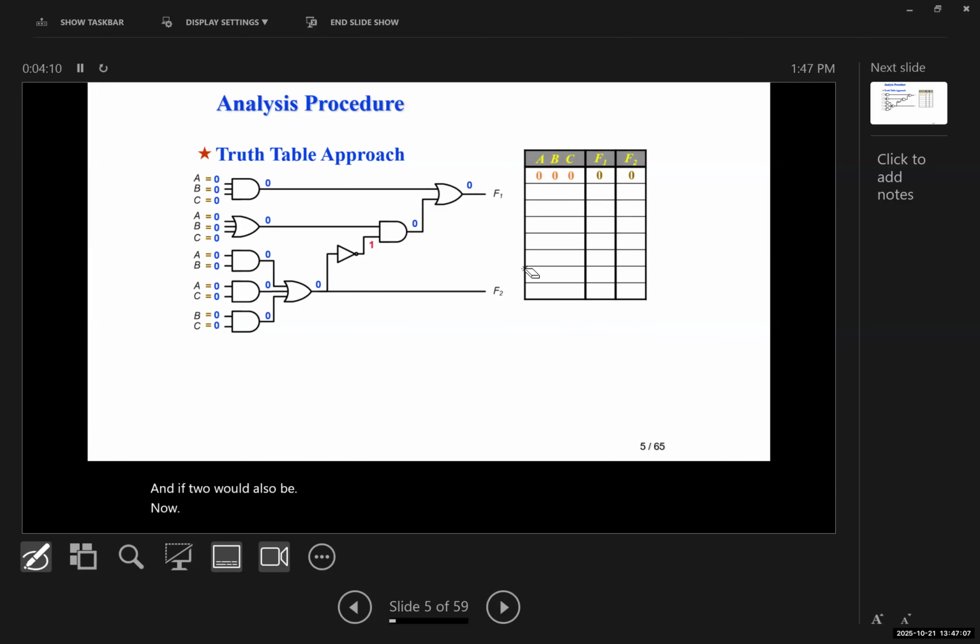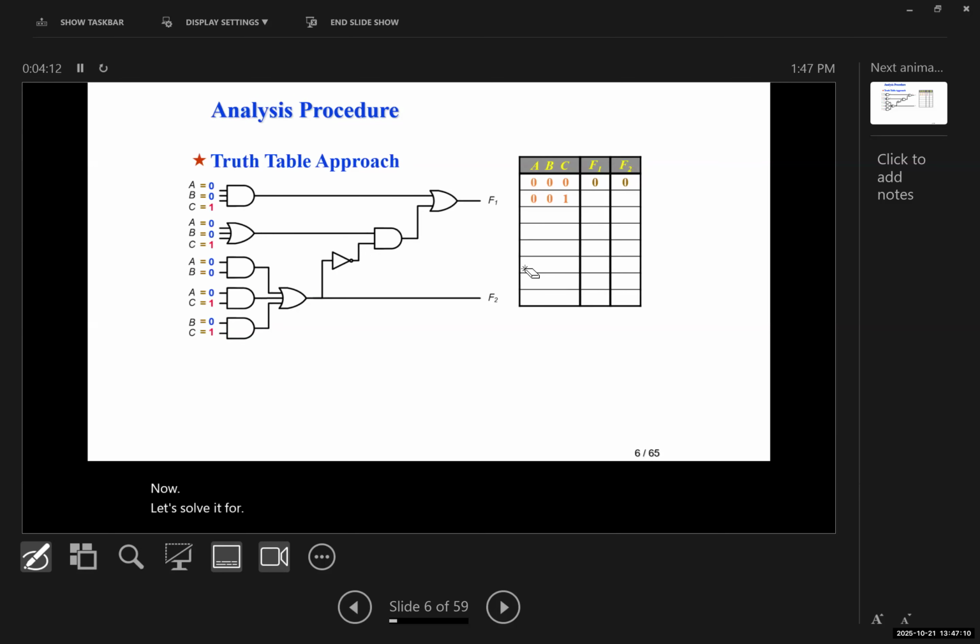Now, let's solve it for A, B equal to 0, 0, and C equal to 1. What would F1 be and what would F2 be? F2 is 0. What is the answer to the first gate? 0.